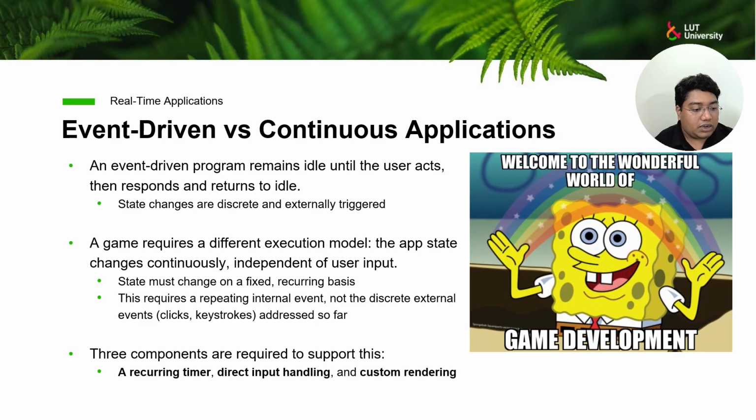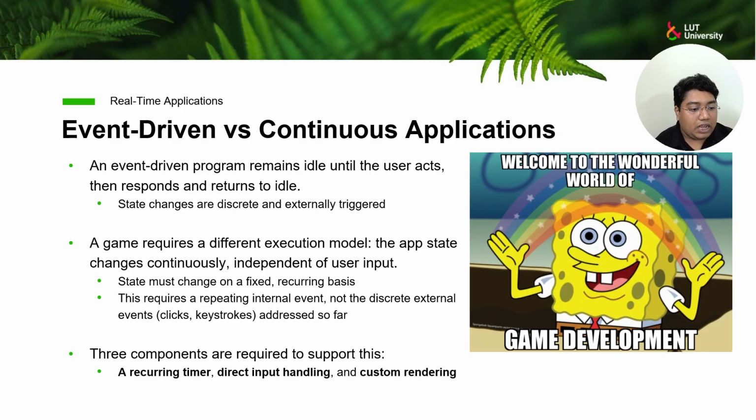Games are different. Imagine a simple platform game. Suppose the player doesn't touch the keyboard for 5 seconds. Should everything freeze? Usually no. Enemies should continue moving, animations should continue playing, gravity should still pull the player downward, time itself continues moving.